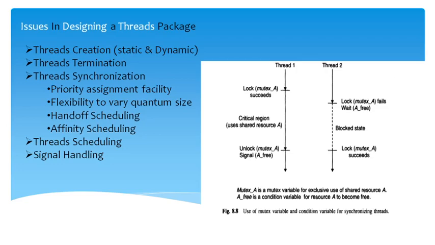This is the mechanism shown here. Lock of mutex A means it has acquired that mutex lock. It succeeds, it runs the critical section code, and it unlocks the mutex, meaning it wants to get out of that critical section, and again it gives the signal that A is free.